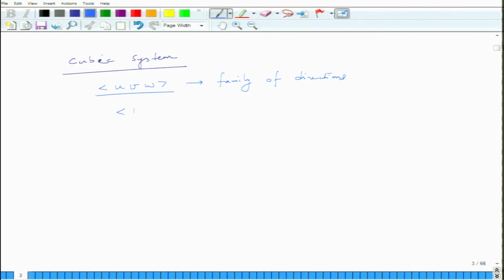So 1 0 0 would mean 1 0 0, 0 1 0, 0 0 1 and bar 1 0 0, 0 bar 1 0, and so on, taking the negatives into account.